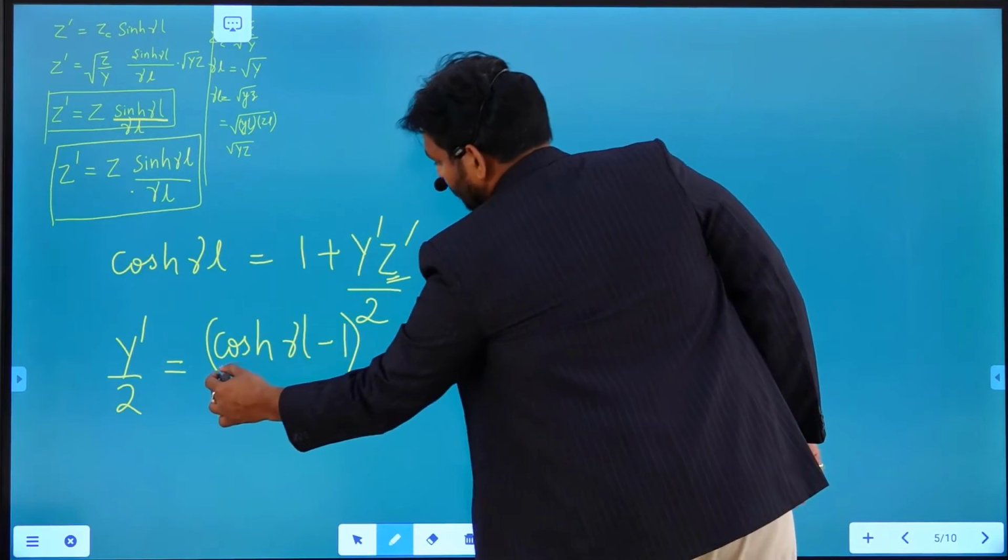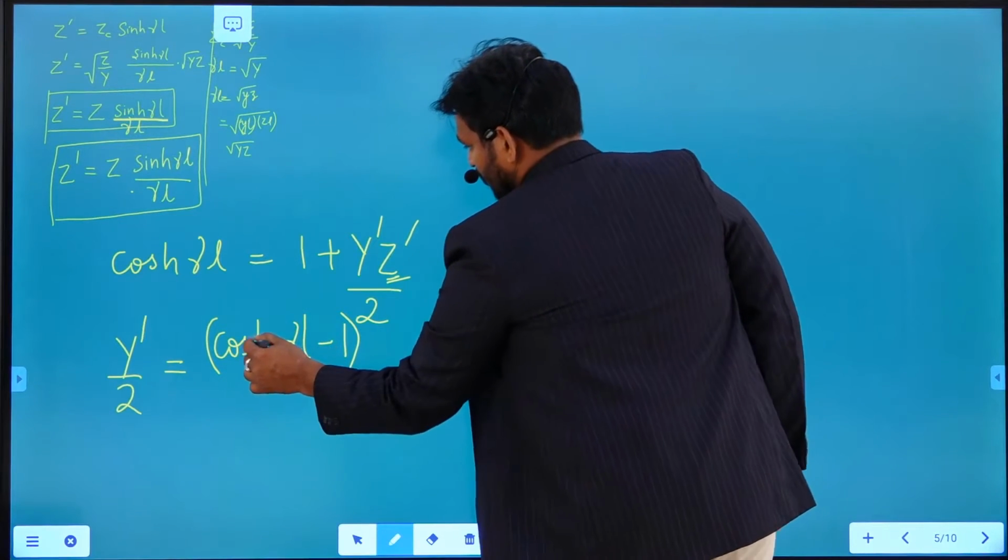This Z dash will come down. So what is Z dash?